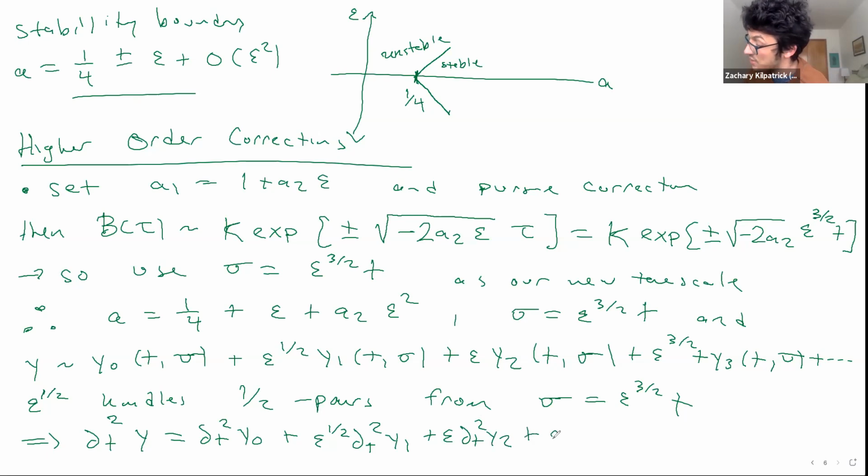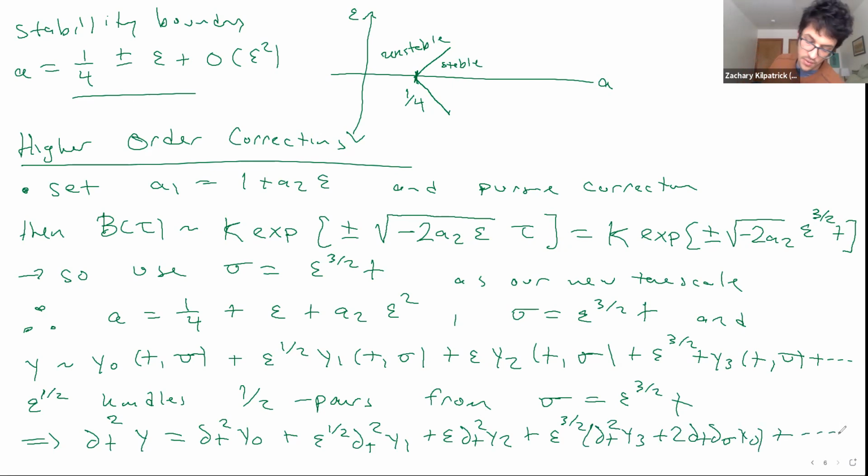And then it starts to get interesting at epsilon to the 3/2 dt squared y3 plus 2 dt d sigma y0, okay, plus so on and so on. Now, we have to equate powers of epsilon to the 1/2.